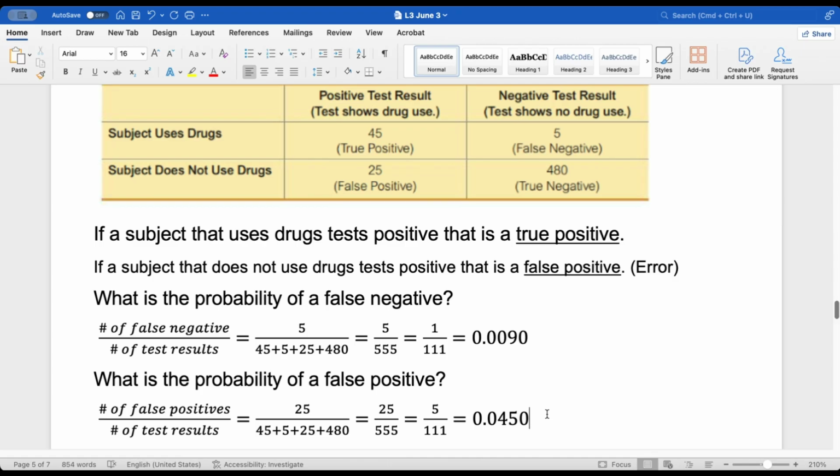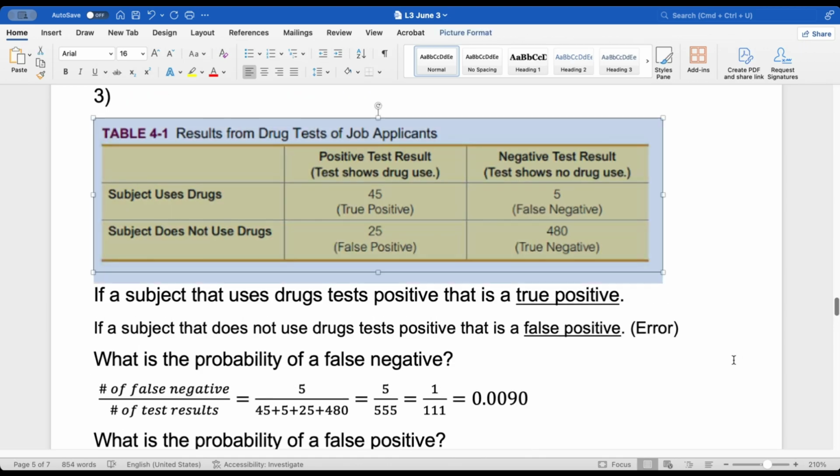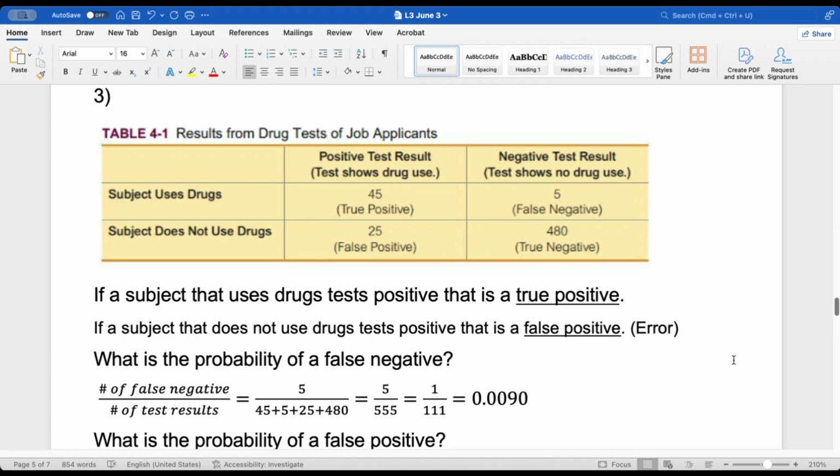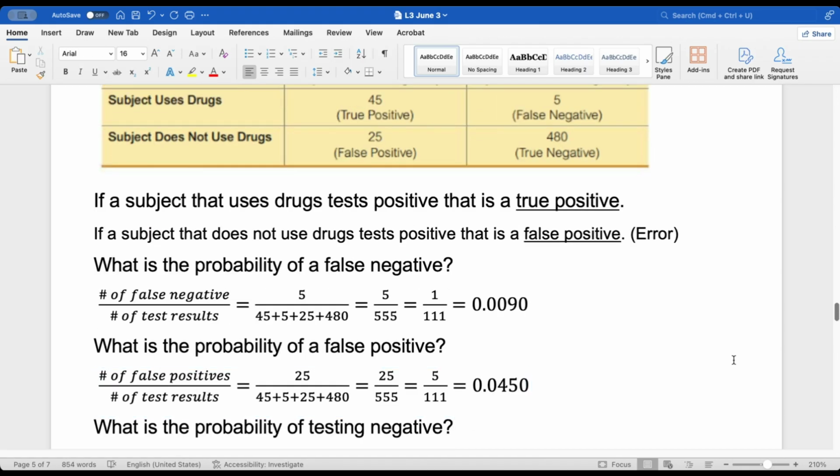And again, these are errors. So a good test, you'd want to keep these errors small. So we have small probabilities: false negative 0.0090, a false positive 0.045. So again, in a testing situation, you want ideally for these errors to have a low probability.